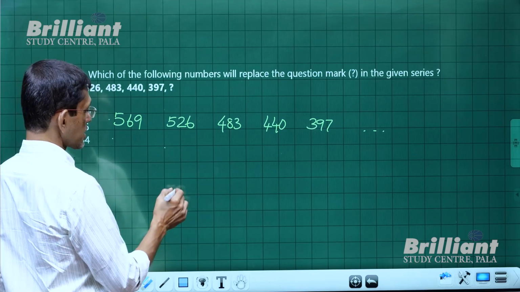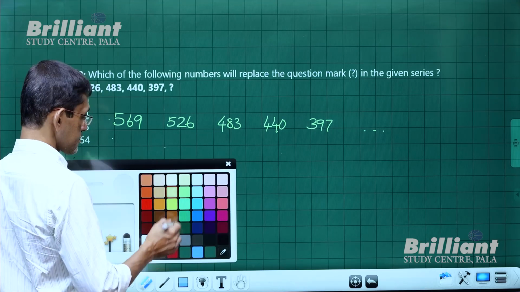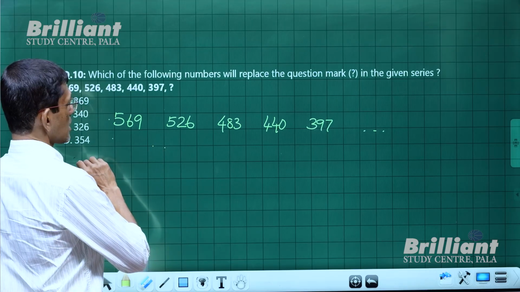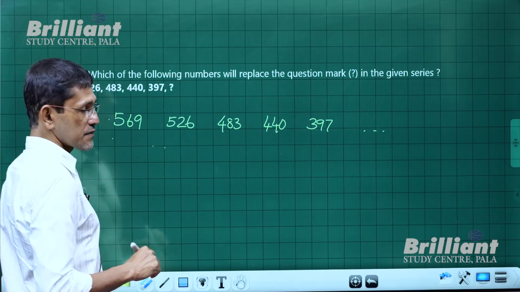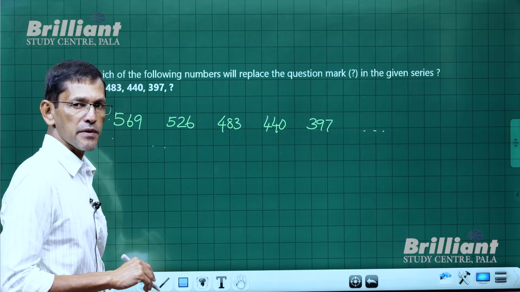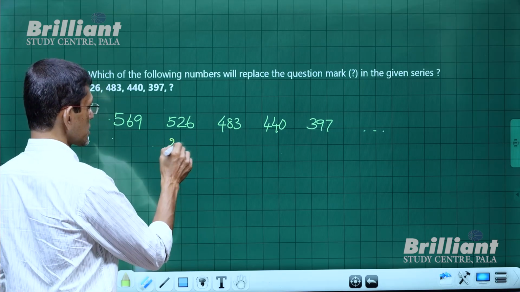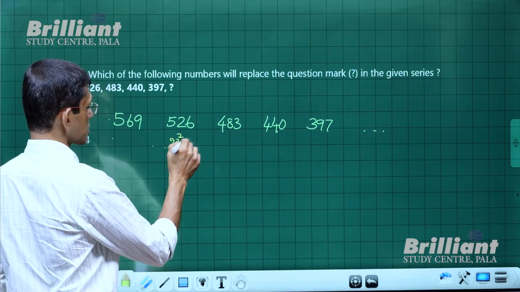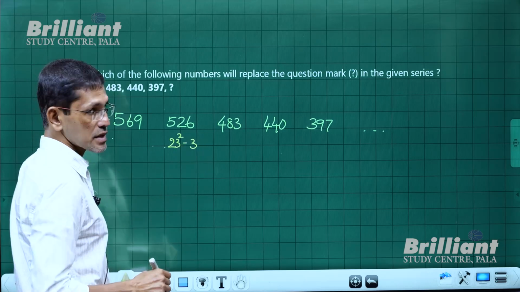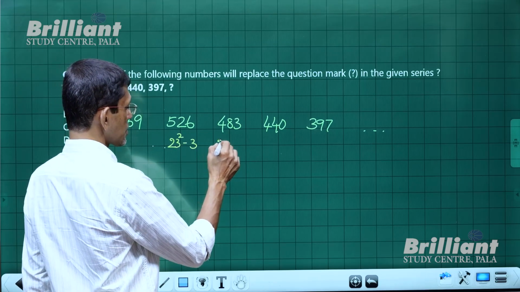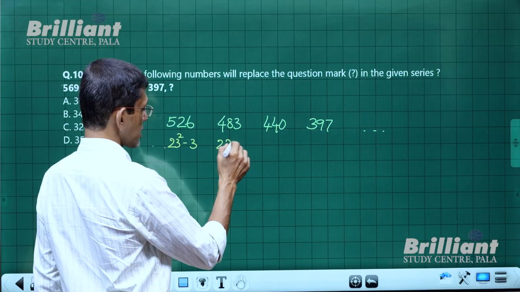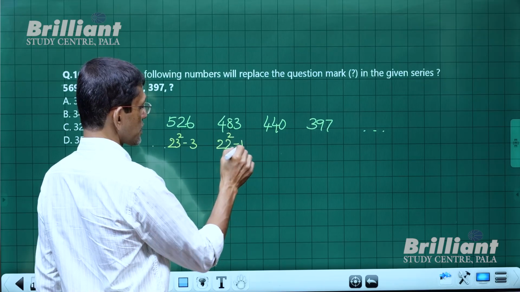Okay, so what I see right here, 526. 529 is a perfect square, so that is 23 square, 529. So it is 23 square minus 3. 483, that is 22 square, it's 484, so minus 1.